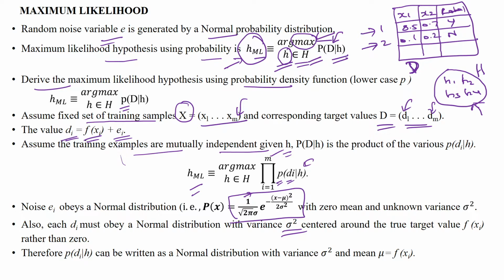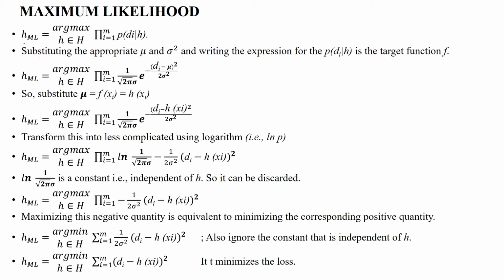This is written using the normal distribution, derived for each and every data sample, i from 1 to m, so we substitute the appropriate mean and variance for all the samples.